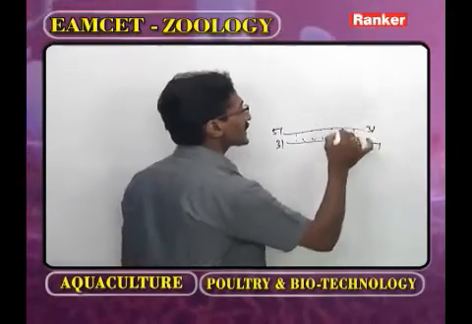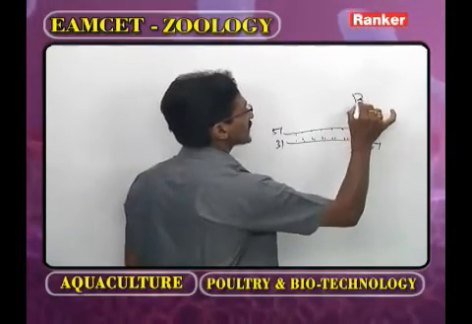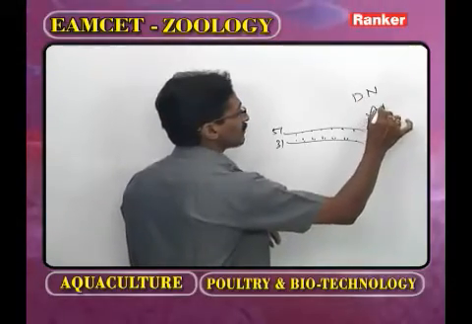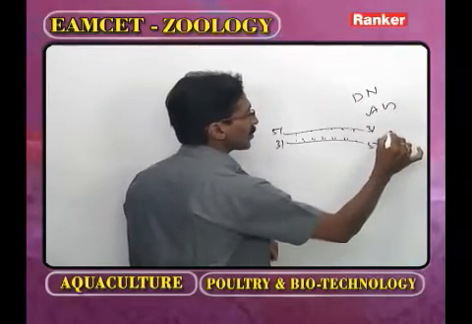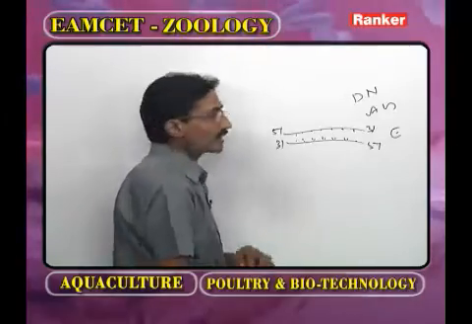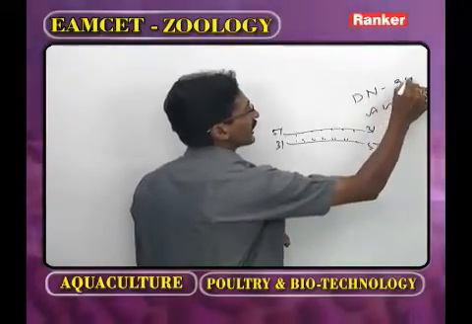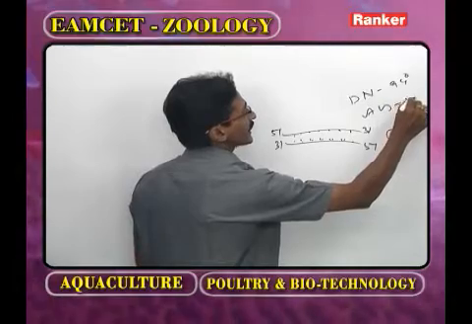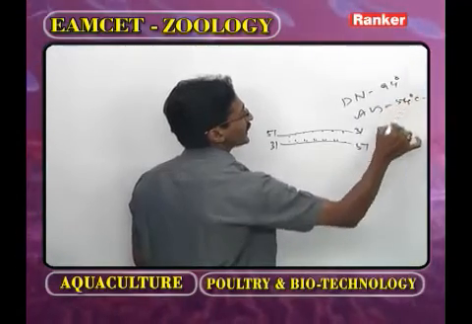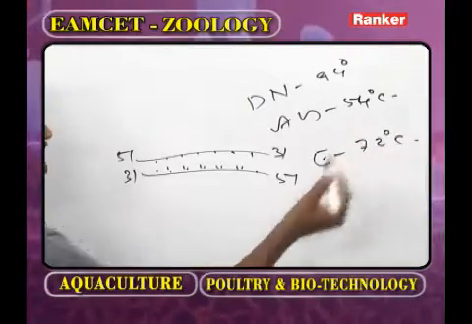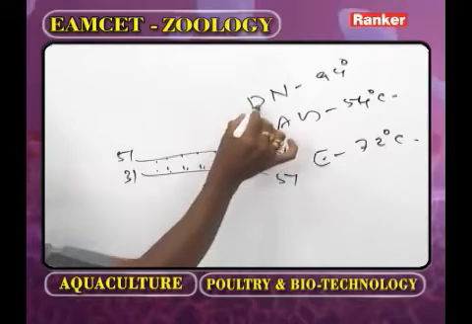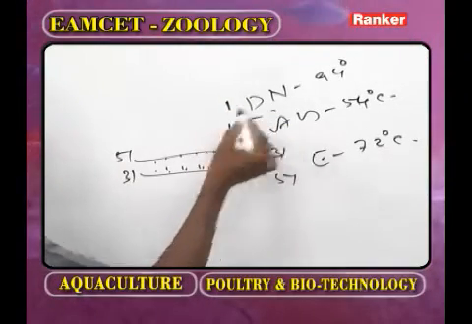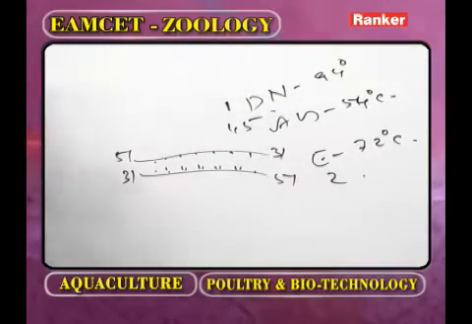In PCR, the first step is denaturation, followed by annealing, followed by extension. Here the temperature is 94 degrees centigrade, here 54 degrees centigrade, and here 72 degrees centigrade. For this, 1 minute is required, for this 45 seconds, and for this 2 minutes.